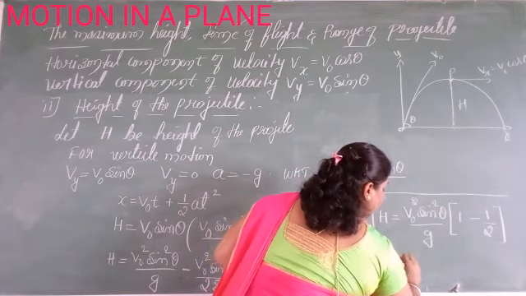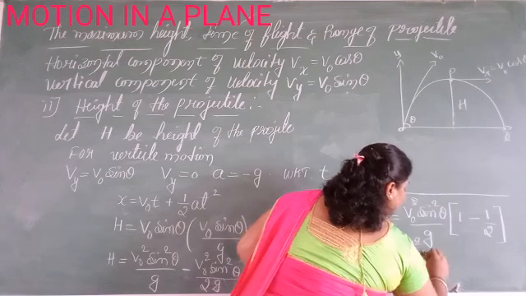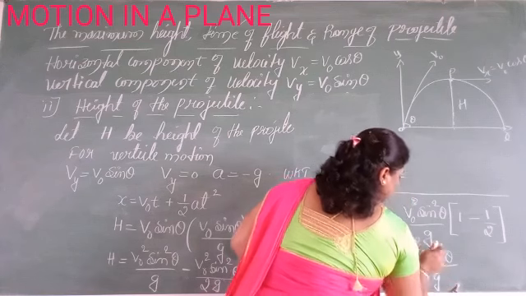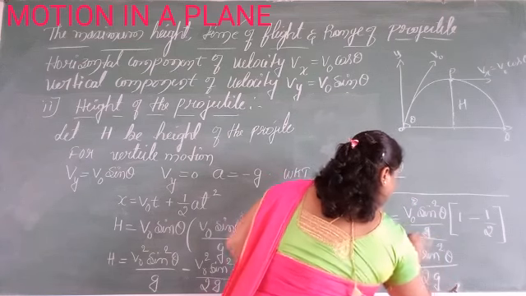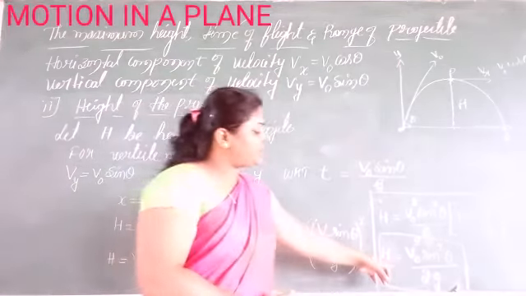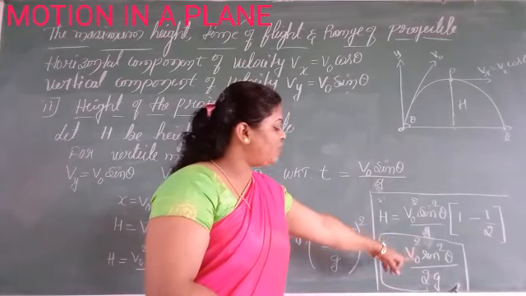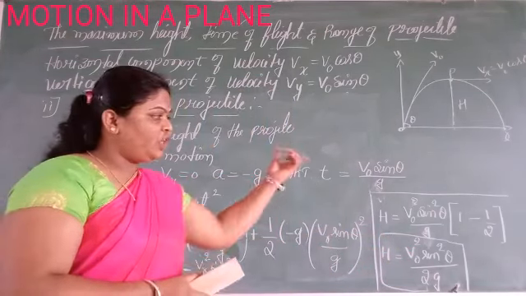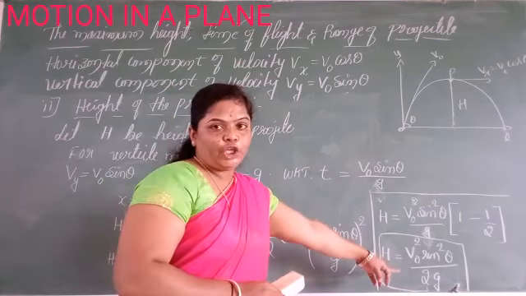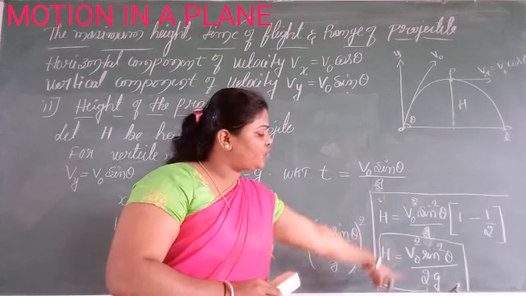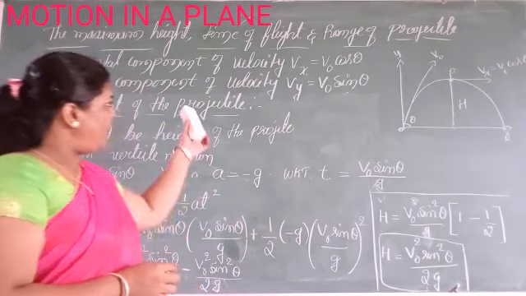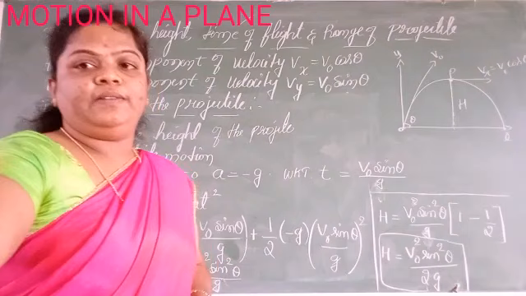Then the height h is equal to V naught square sin square theta divided by 2G. So this is the expression for the maximum height of the projectile.